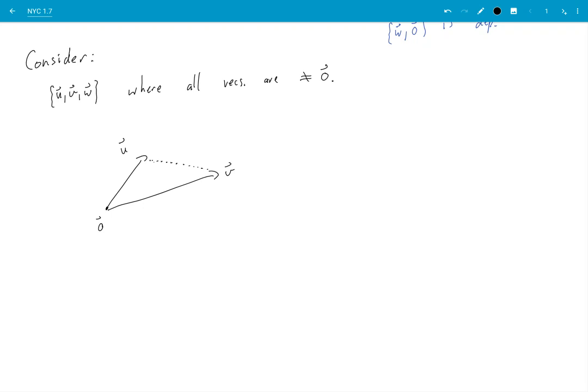Now there's exactly one plane, an infinite flat sheet of paper, that contains this triangle.